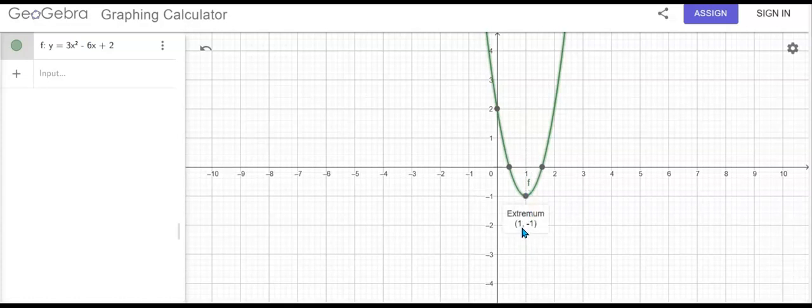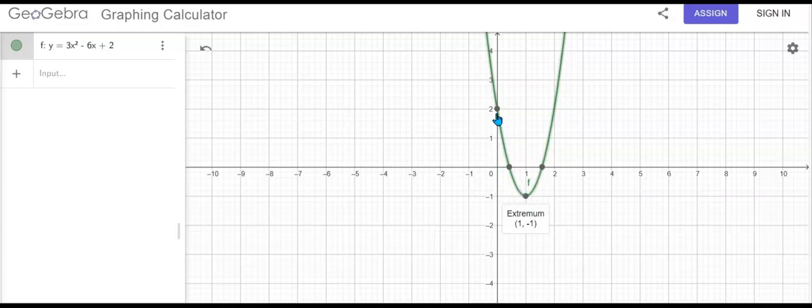As you can see, the vertex says (1, -1). It also says the word extremum. Sometimes extremum means maximum value, sometimes extremum means minimum value. In this case, it's a minimum because it's like a valley. It is at the lowest point of the valley.